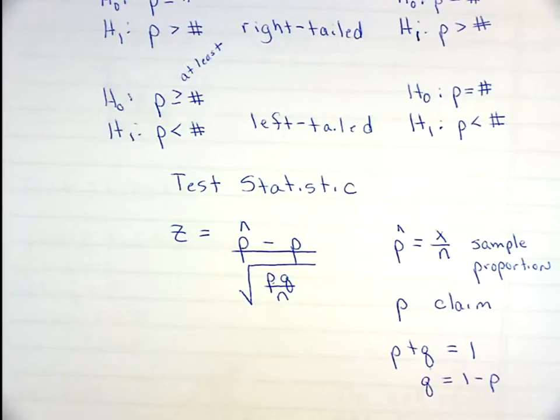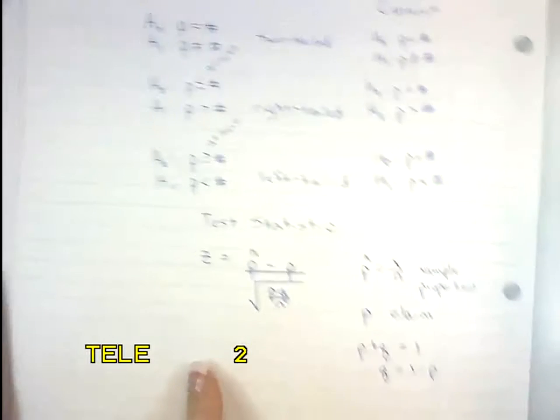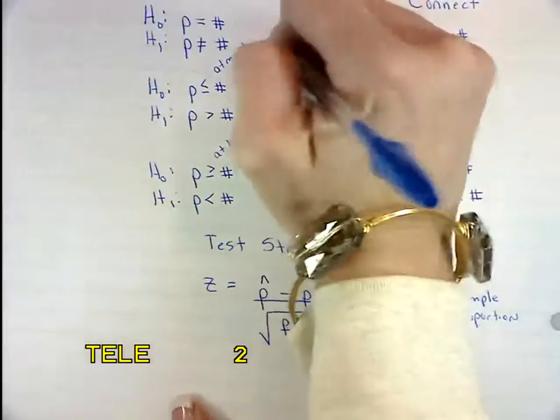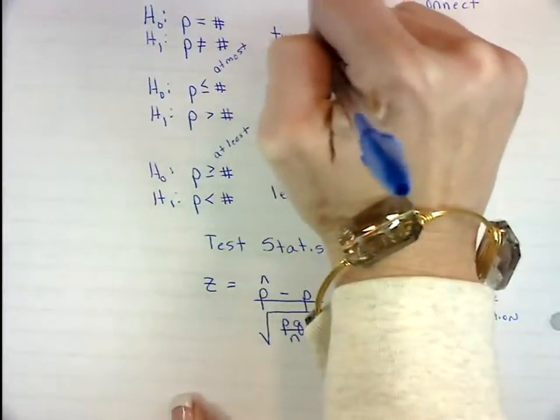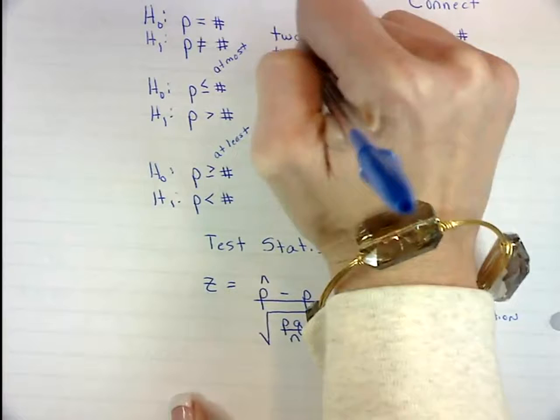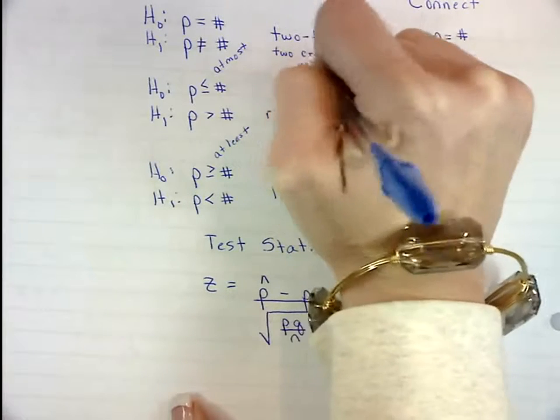It is a type of z-test, so we use the z-table to find the critical value or values, and we use the z-table to find a specific p-value, and the p-value is found from this particular test statistic. I'll remind you again that if it's two-tailed with the traditional method, you have two critical values, and that z equals plus and minus some number.